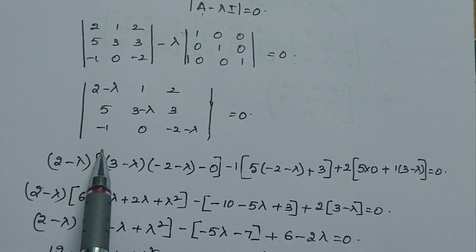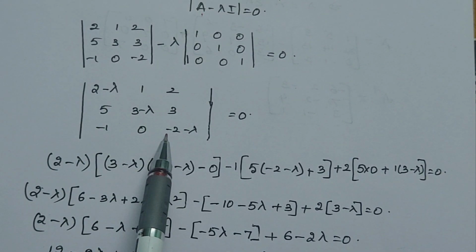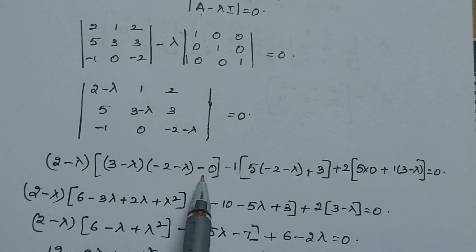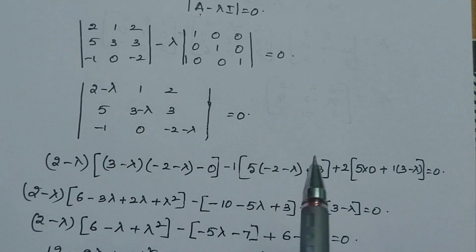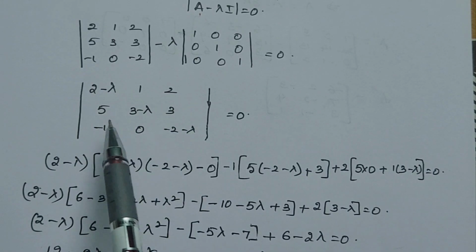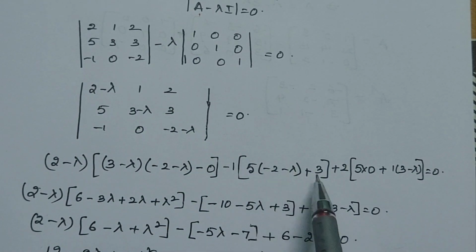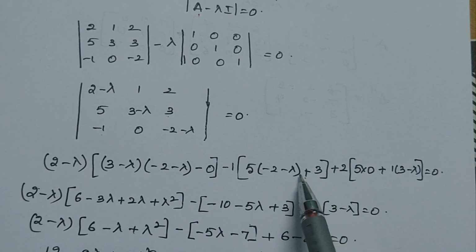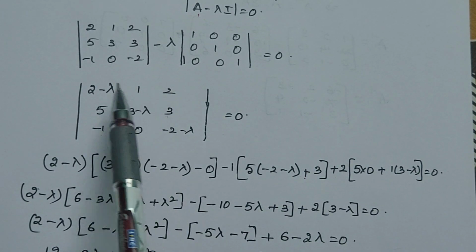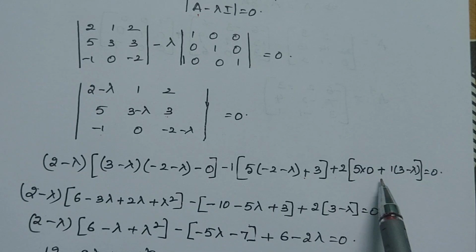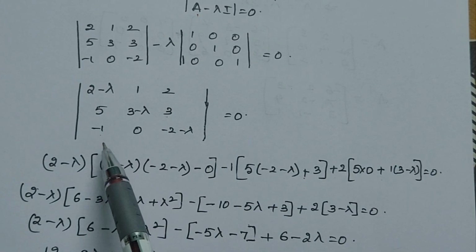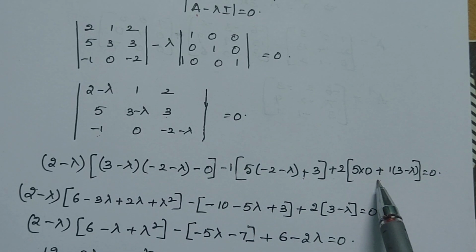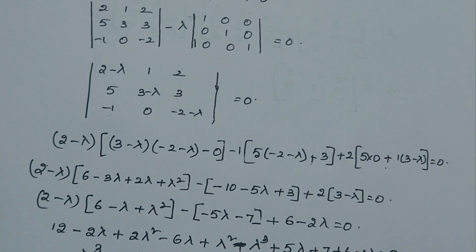2 minus lambda into (3 minus lambda)(minus 2 minus lambda) minus 0 into 3 0, minus 1 into, remove this row and column, 5 into minus 2 minus lambda minus 3 into minus 1, minus of minus is plus, plus 3, plus 2 into 5 into 0 is 0, plus 3 minus lambda into minus 1, minus of minus is plus, which is equal to 0.